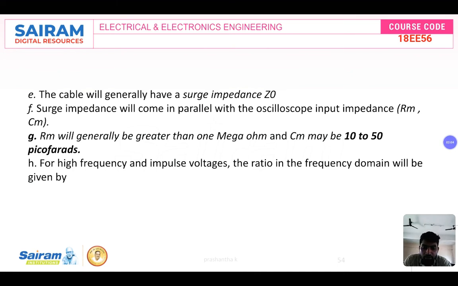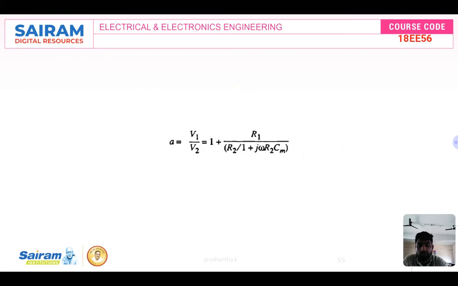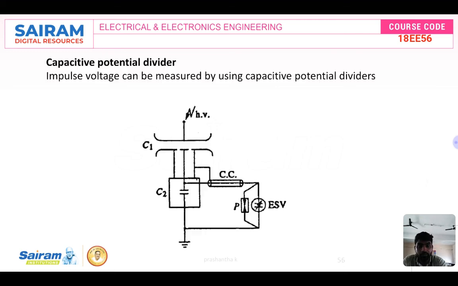For high frequency impulse voltage, the ratio in the frequency domain is given by the equation for the attenuation factor: V1 by V2 equals (1 plus R1 divided by R2) by (1 plus j omega R2 Cm), right?